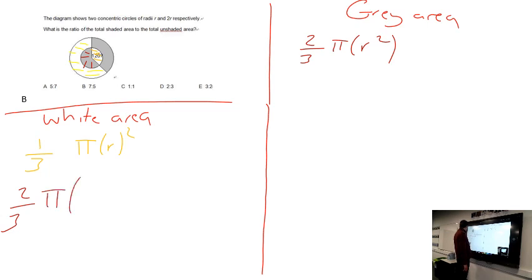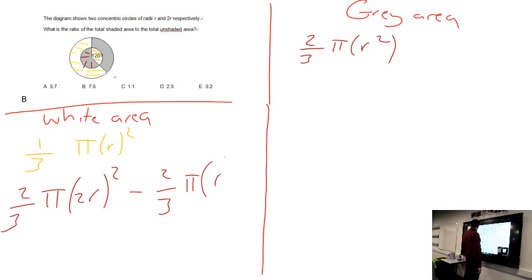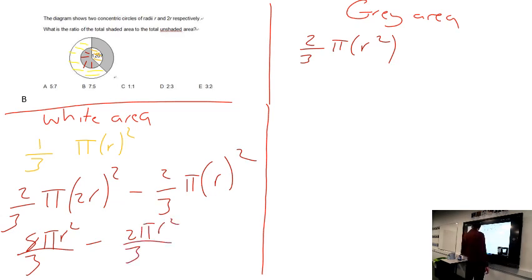The radius is 2r squared, and then we subtract 2/3 pi times r squared. So this is going to be 8 pi r squared over 3 minus 2 pi r squared over 3, which is equal to 6 pi r squared over 3.